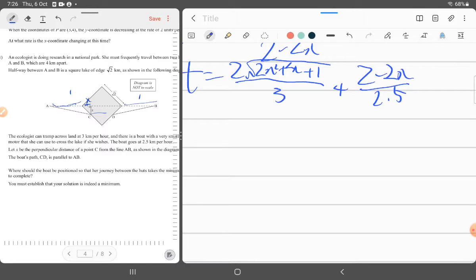This is such a pain to differentiate. So 2 brackets 4x plus 2.